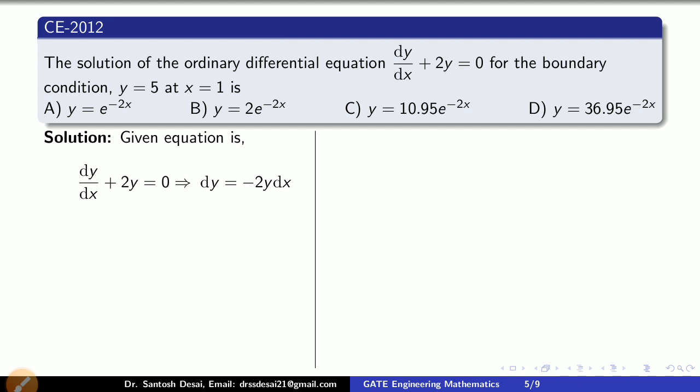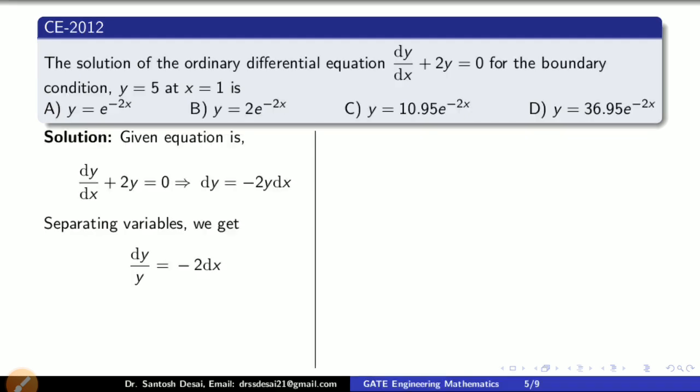And after writing in this form, we separate the variables. So now separating the variables, we get dy divided by y is equal to minus 2 dx. Now the variables are separated, so one can easily observe that the LHS is a function of y and dy, and the RHS is just a constant and dx is there.